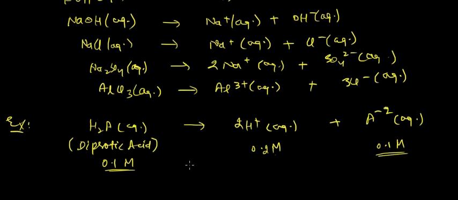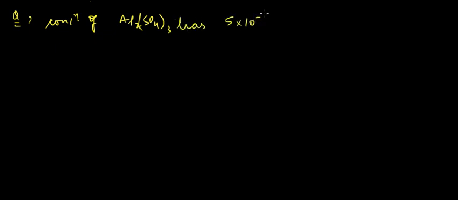Okay, so let's do some questions on the same. We have concentration of Al2(SO4)3 as 5 into 10 raised to power minus 5 M, and assume the salt is 90% ionized.